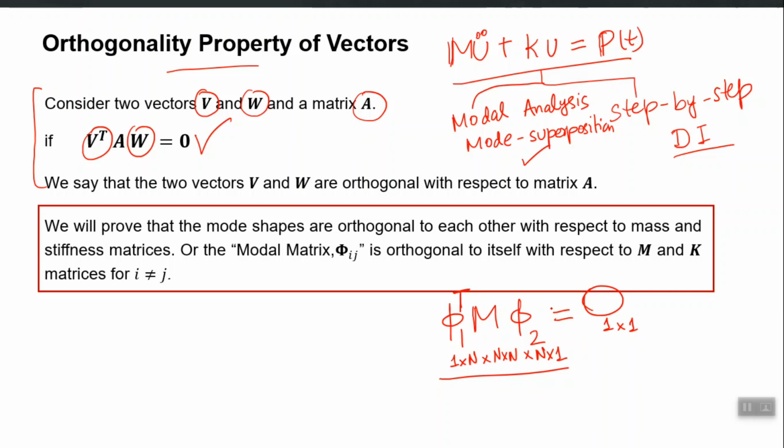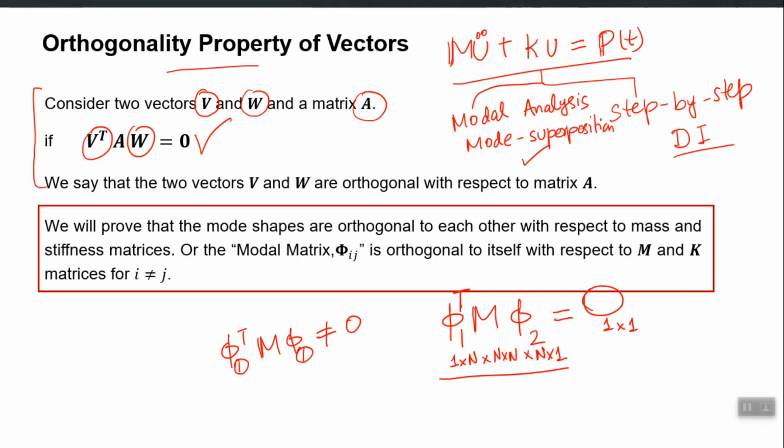This is what I mean, that mode shapes are orthogonal to each other with respect to the mass matrix. If I have phi1 transpose times the mass matrix times phi1 again, that will be a non-zero answer because I have phi1 and phi1. So mode shapes are orthogonal to each other: 1 is orthogonal to 2, and similarly 2 with 3, or 1 with 3.